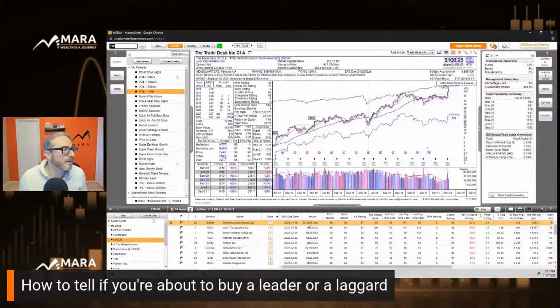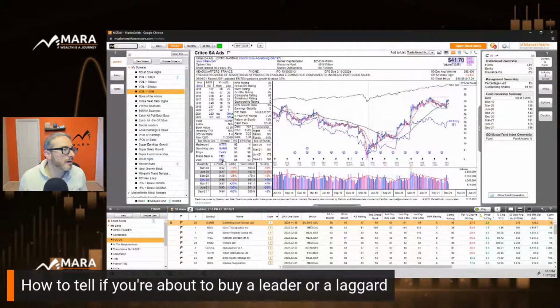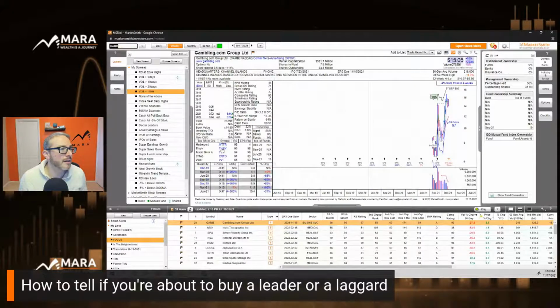Well, looking at this, and then coming back to gambling.com, it doesn't seem to quite be the leader, but it seems to be a leader among that group, which is kind of interesting to see.